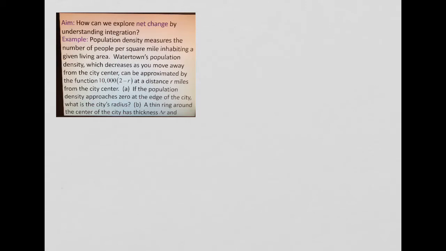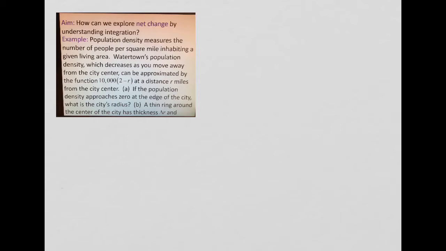So population density measures the number of people per square mile inhabiting a given living area. So if you didn't know that, you could write that down. Watertown's population density, okay, so this place is called Watertown. I didn't make up this problem, okay.